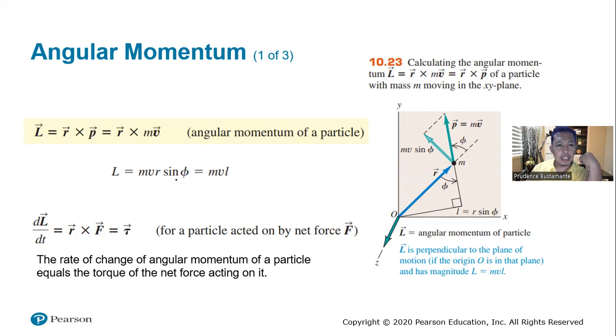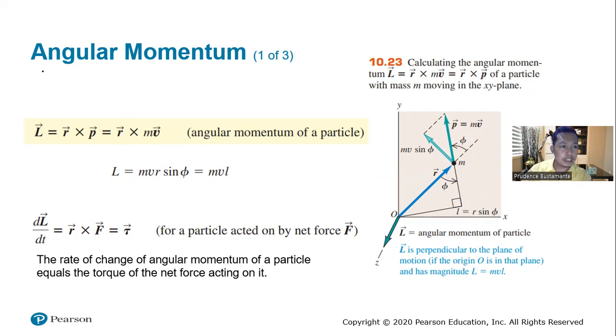This is equal to the lever arm l, where l is equal to r sine phi. So the angular momentum is equal to mvl.